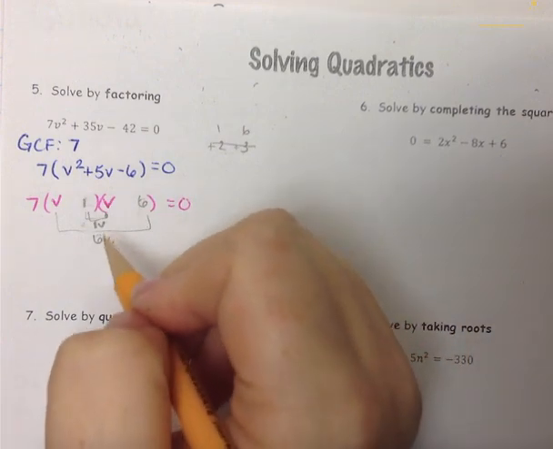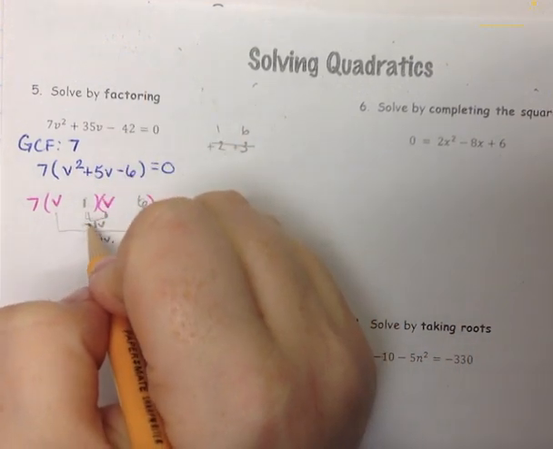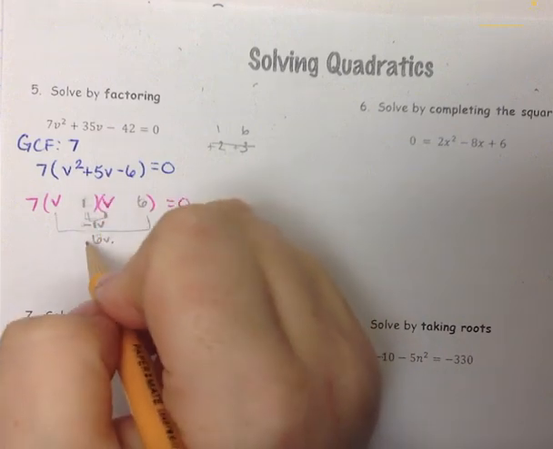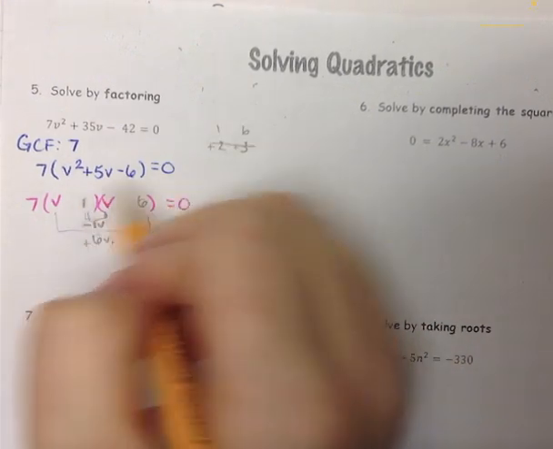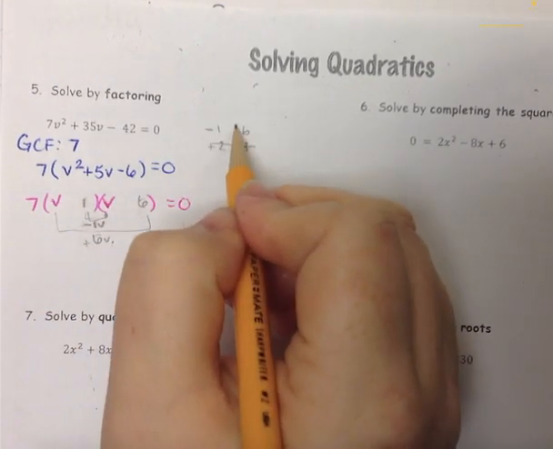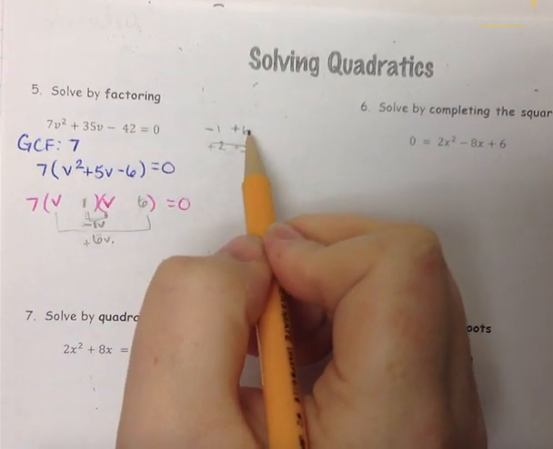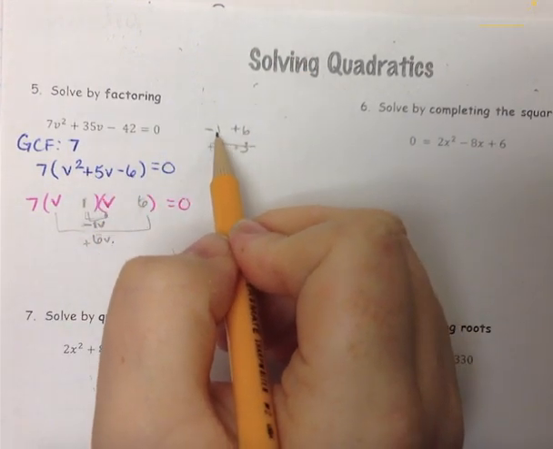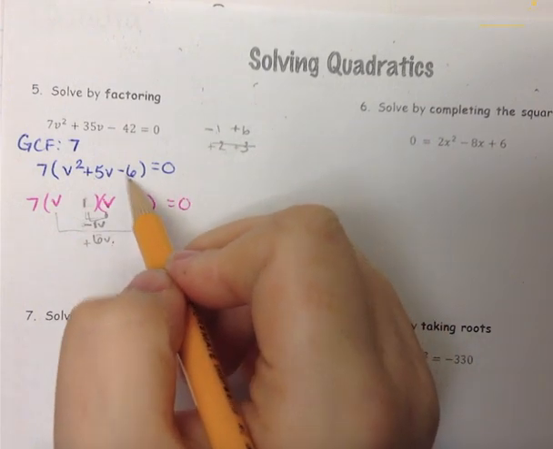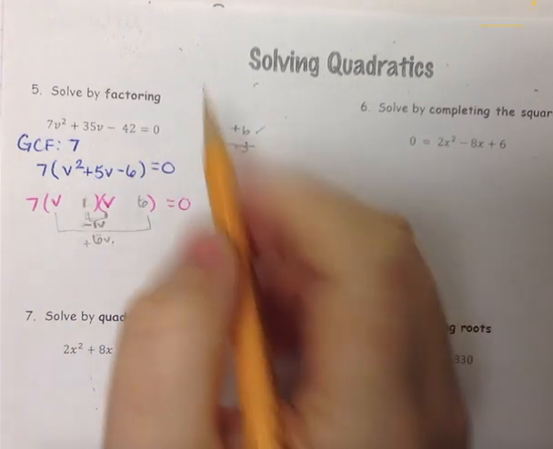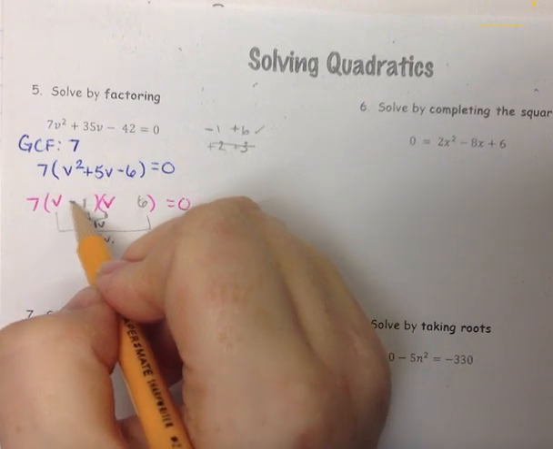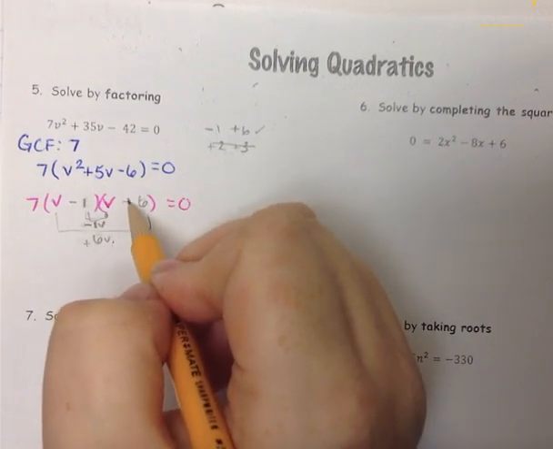So I can do 6 minus 1, so that'll give me a 5. So if I have a negative 1 and a positive 6, so that's 6 minus 1 gives me the 5. And then 6 times negative 1 gives me the negative 6. So that one works. So I have that negative 1 and that positive 6 in here. So this is factored.